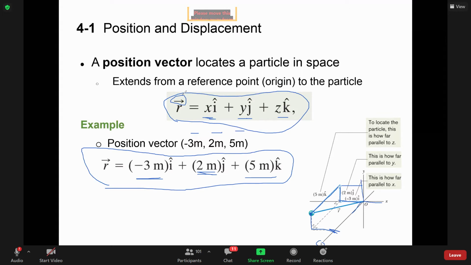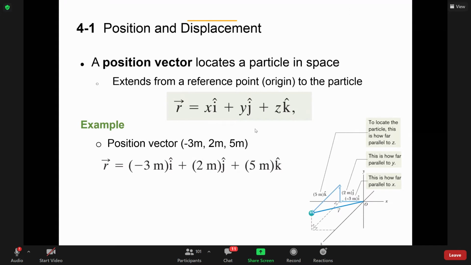But in this situation, we have 3 different dimensions and 6 possible directions: plus X minus X, plus Y minus Y, or plus Z minus Z.